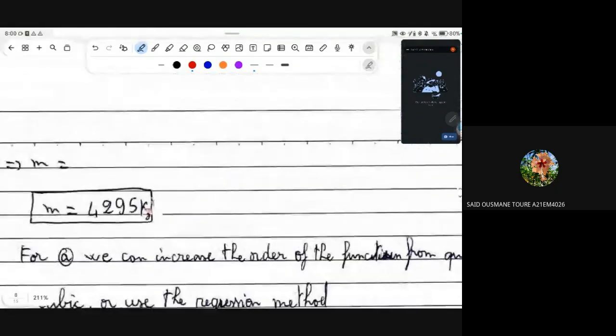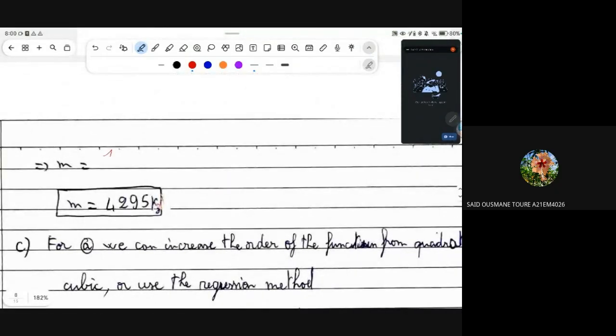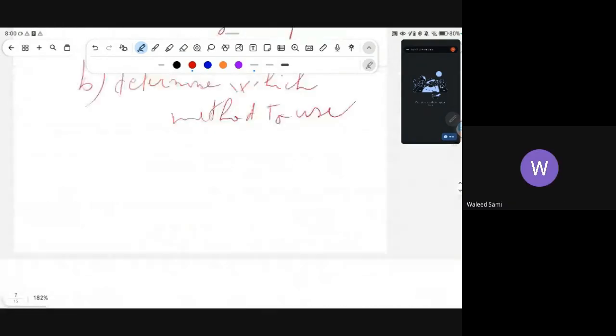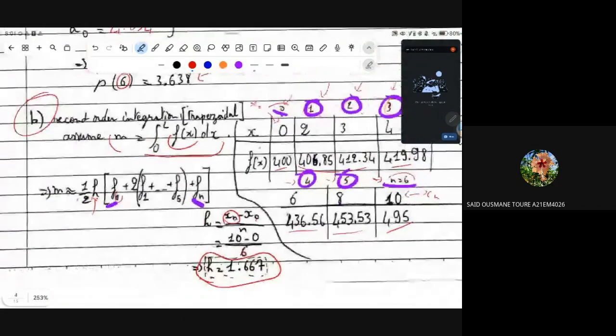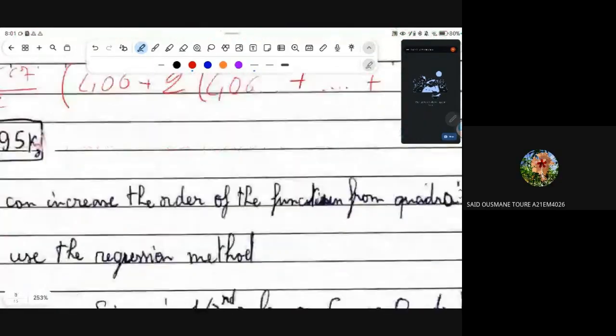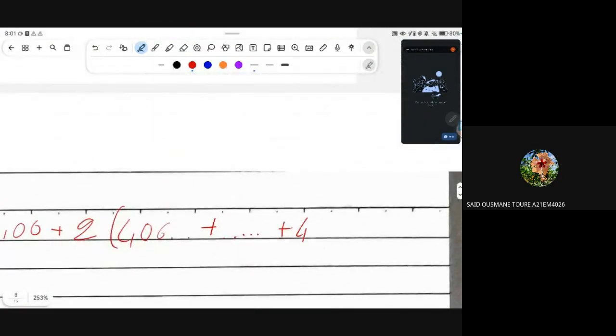If you put that as a value, you get m equals 1.667 over 2 times the bracket of 400 plus 2 times 406, 6 point something, and so on, until before the final value, 453.53, then you close the bracket, plus 495.